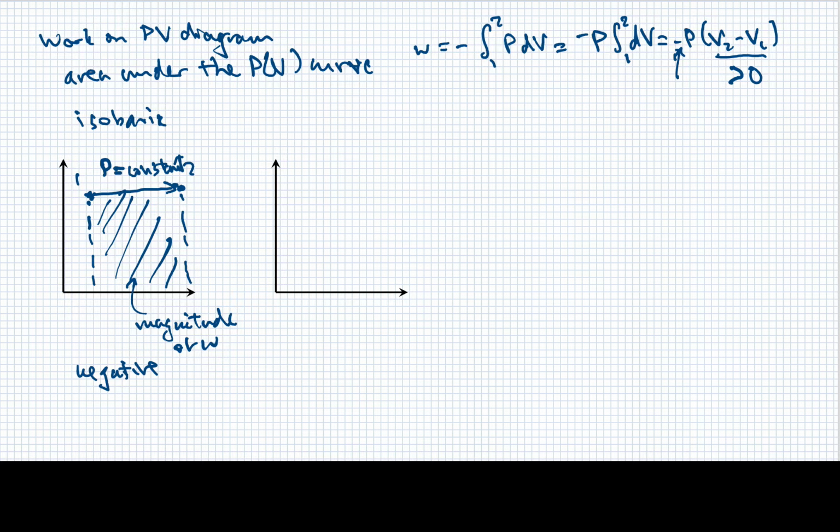All right, what if instead I had used a compression? What would it then be? Well, now it would be the area under the curve and it would be positive. So what this is telling us is if we are moving from left to right, the work is the negative area, and if we are moving from right to left, the work is the positive area under the curve.